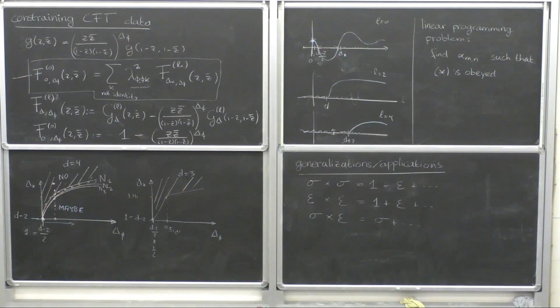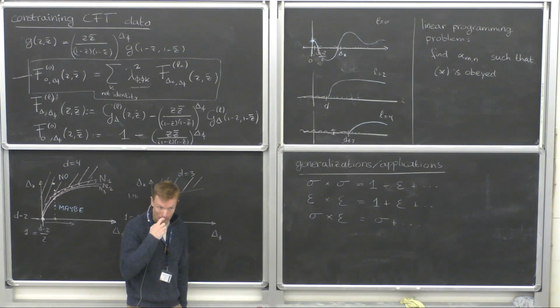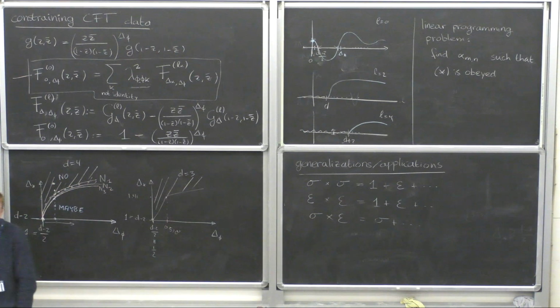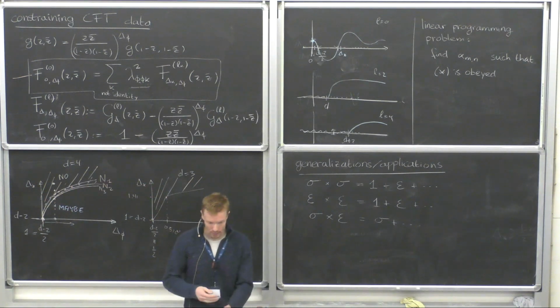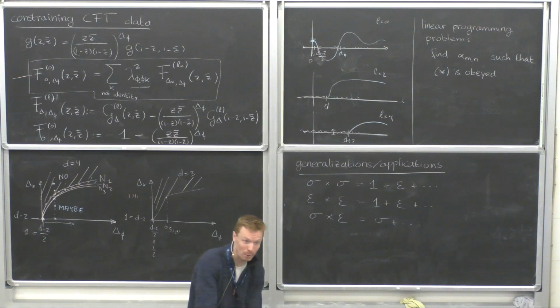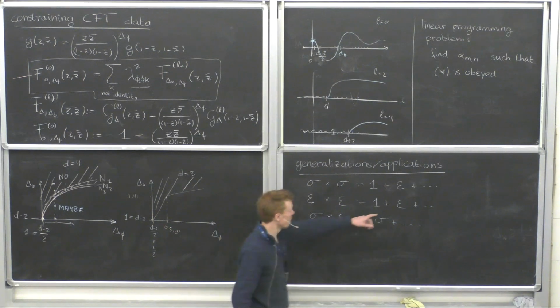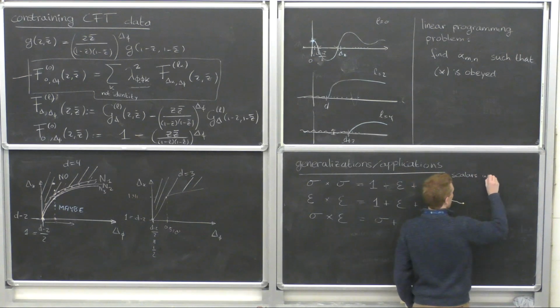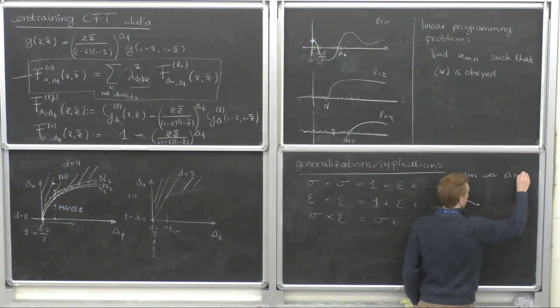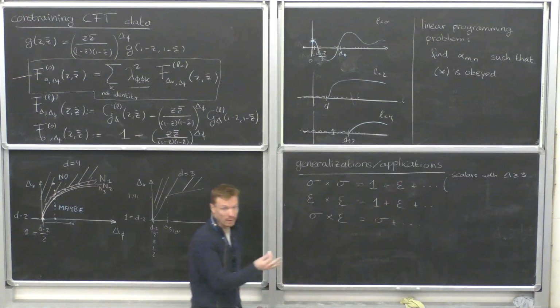Roughly speaking, this is a bit like the relevant scalar operators in the Ising field theory. But there's more we can say about the Ising field theory because we know something about the dot dot dots. We believe very strongly that to get to the critical point, you only have to tune the temperature and the magnetic field. Those are the two relevant operators. So these dot dot dots mean that scalars must all have dimensions bigger than or equal to 3.